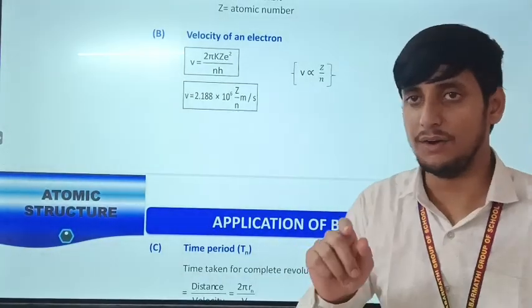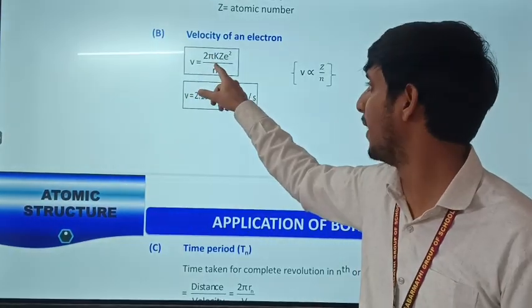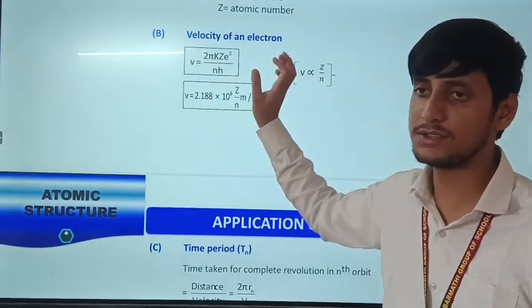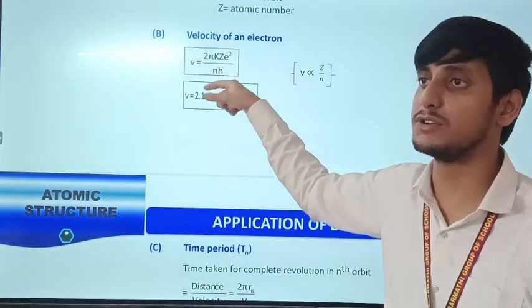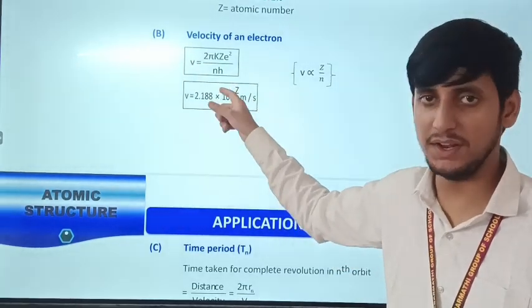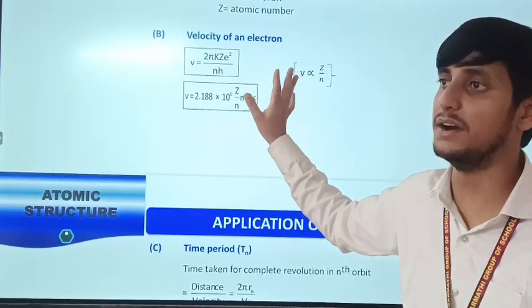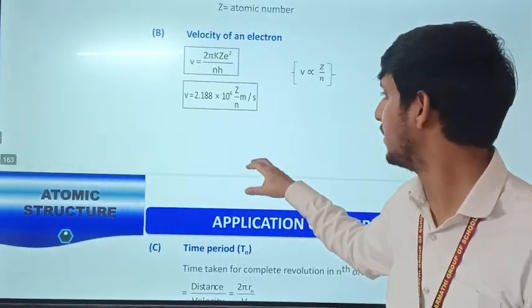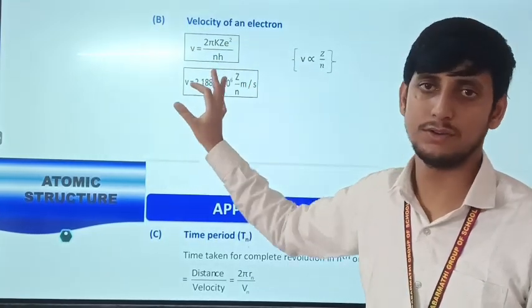Velocity. First, remember this formula. Velocity equals 2 pi k Z e square upon n h. After putting all constant values, we get 2.18 into 10 to the power 6 Z upon n, meter per second. That is the unit. The formula should be remembered.